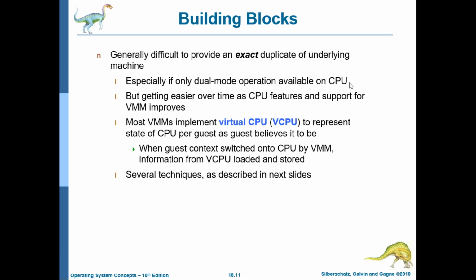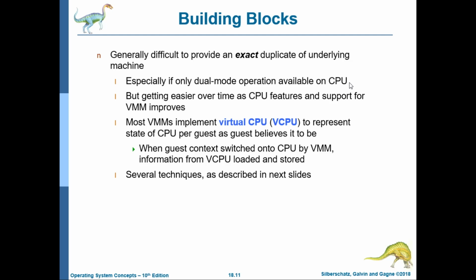Okay, next we have the building blocks. It is generally difficult to provide an exact duplicate of the underlying machine, especially if only dual mode operations are available on the CPU. The dual mode is the user mode and kernel mode, if you can remember. But it is getting easier over time as CPU features and support for VMM improve, of course, because of advancements in technology.